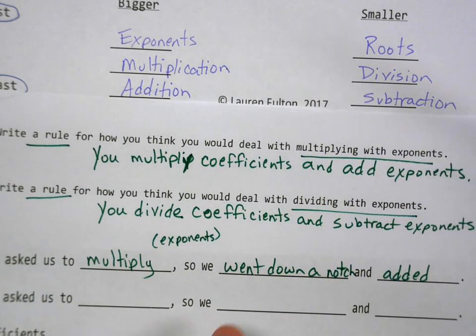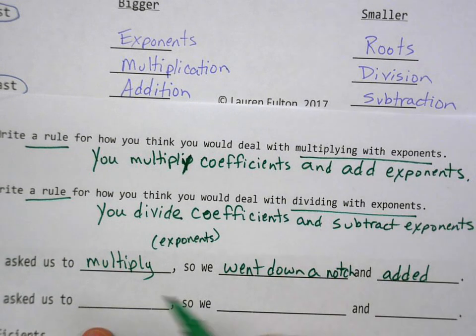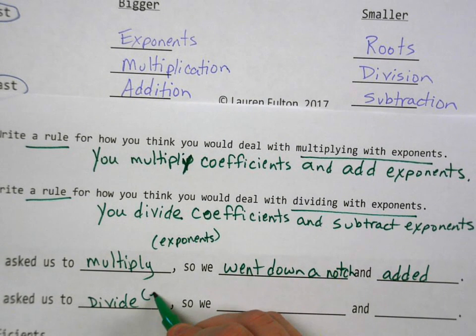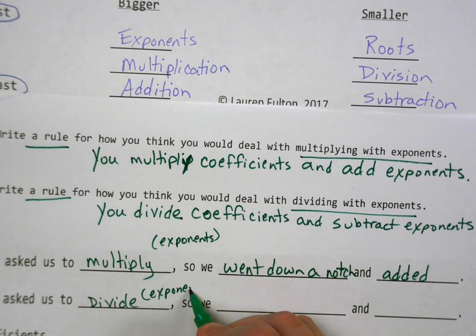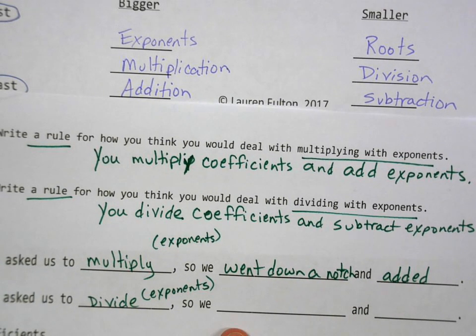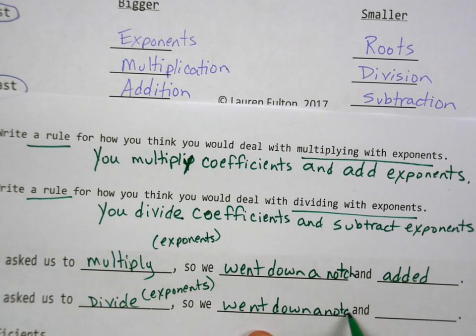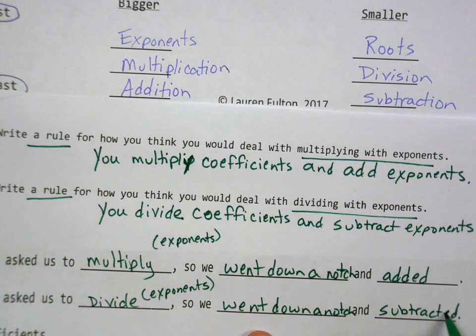Okay? So if we're being asked to divide things with exponents, what are we going to do? So we went up a notch and we went down a notch and subtracted. Yep, we went down a notch both times and subtracted.